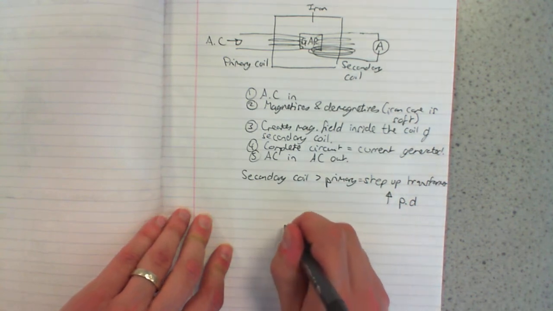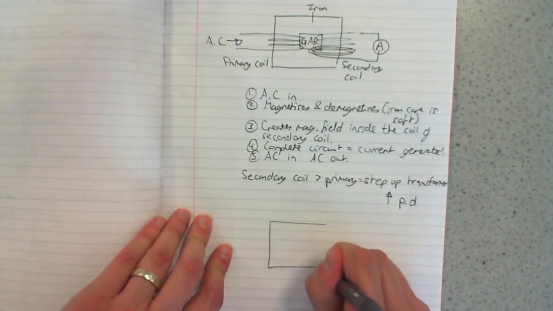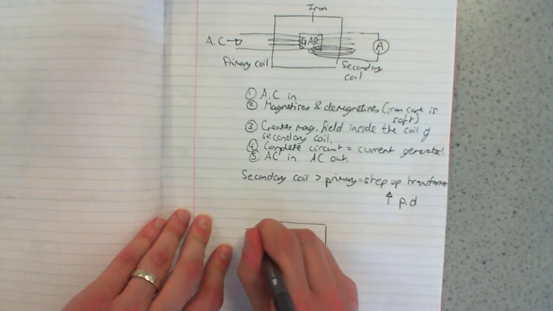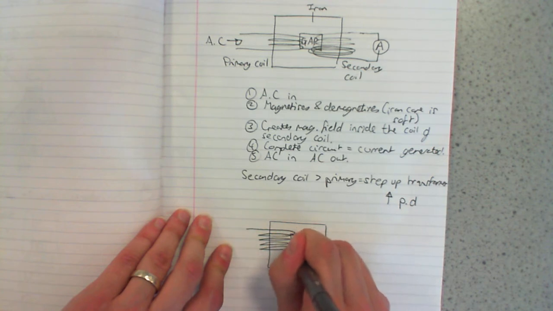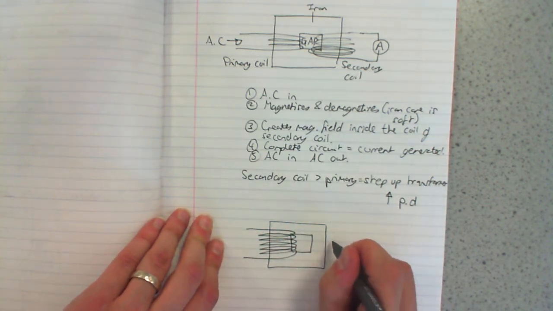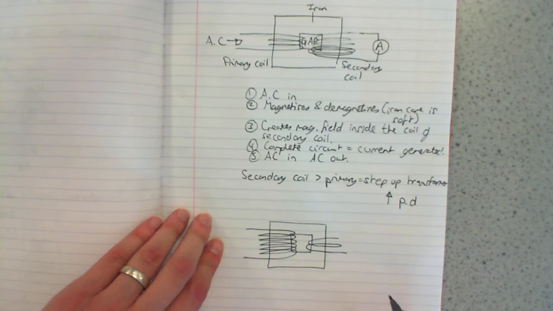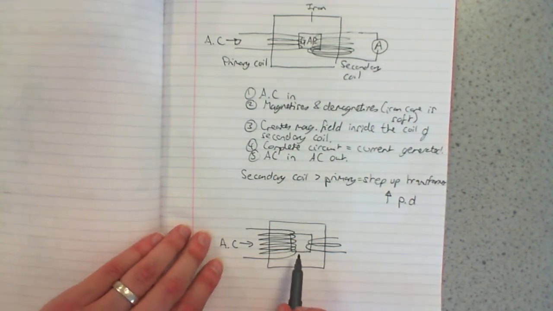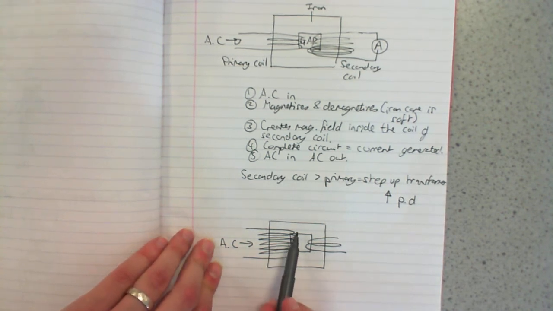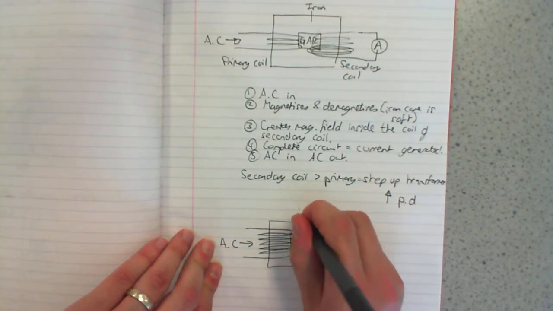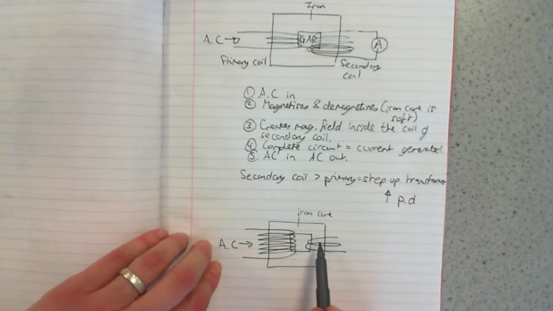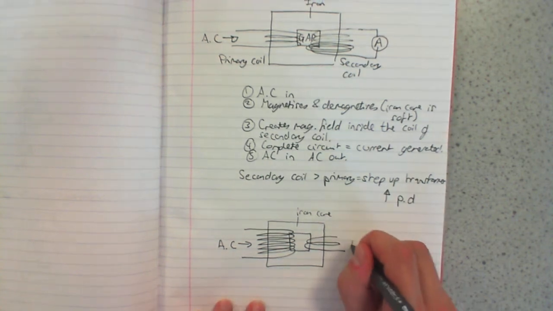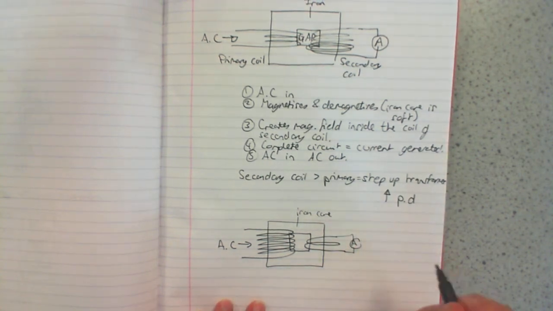But if we've got a transformer that has more coils on the primary, so let's draw one again. 2, 3, 4, 5, 6. We've got 6 coils on the primary. This time it's only got 2 on the secondary. Alternating current comes in, creates a small magnetic field which magnetizes and demagnetizes the iron core, which transfers the magnetic field, which induces a potential difference, part of the same circuit.